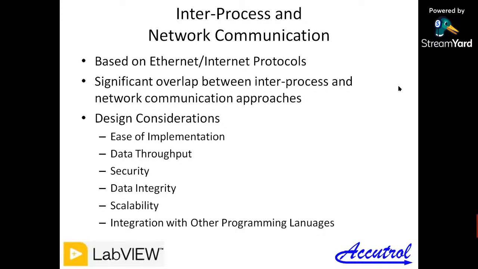Data throughput is basically speed: how much data can I get from here to there over what time? Security, especially in the networking world, you care about who can do what to whom. And data integrity has to do with, did what I sent get there?